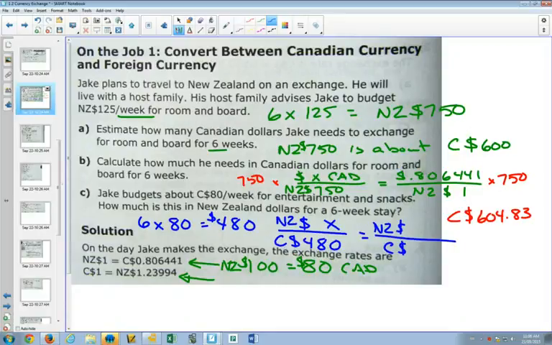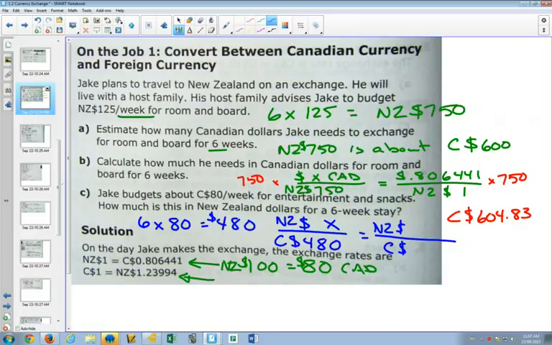Again, you can use either one of these values. Often when people are changing from Canadian to New Zealand, they like the one where the Canadian one is 1 and the New Zealand one is a different number. And when you're changing from New Zealand money to Canadian money, you like the top one. But it really doesn't matter because you're going to get the same answer either way.